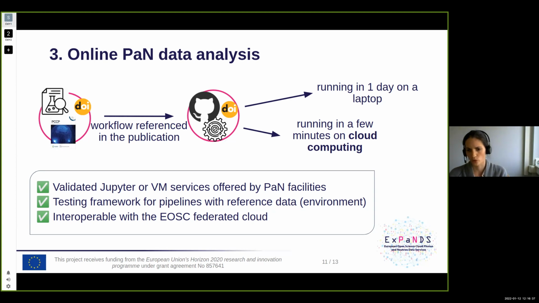So you make sure your environment is well configured. On top of this, it is interoperable with the EOSC Federated Cloud, which means that even if you don't have an account at one of the PaN facilities, you can still apply for resources and run this pipeline from wherever you are in Europe.